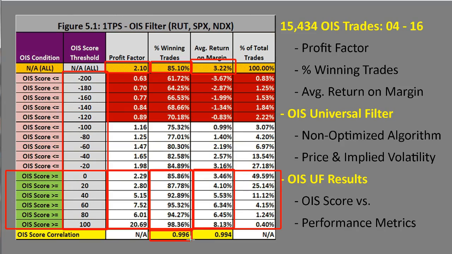In addition, the correlation between the OIS score and the average return on margin was almost, again, perfectly positively correlated at positive 0.994. So that concludes the brief discussion of the historical trade results for the OIS filtered strategies.